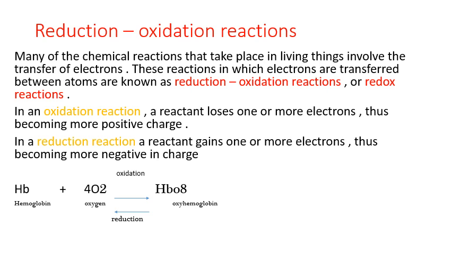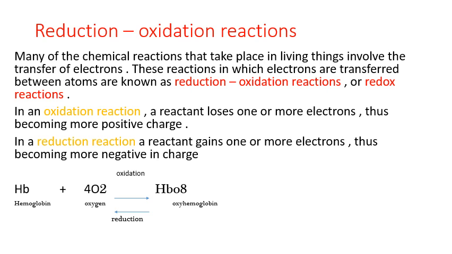In chemical reactions, we have to know that we have two kinds of reaction. Reduction oxidation reaction means that electrons are transferred between reactants and product. This is called a reduction oxidation reaction, or redox reaction.